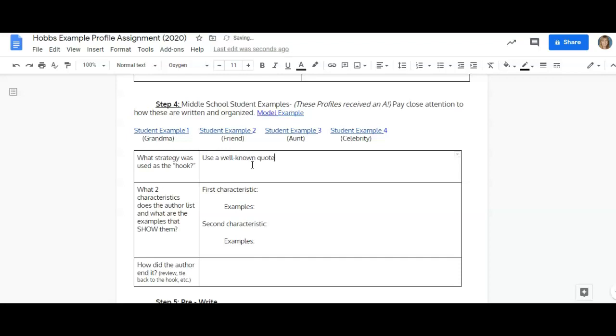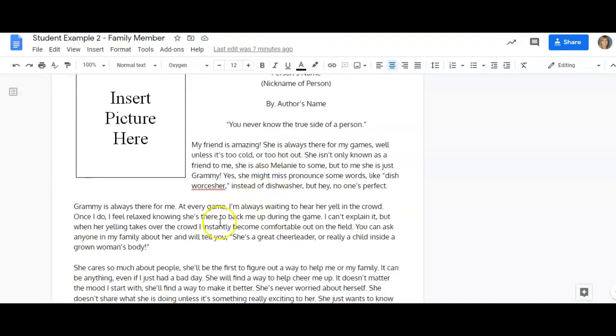Okay, so now I've got to figure out what characteristics this author highlights. Grammy is always there for me. At every game, I'm always waiting to hear her yell in the crowd. Once I do, I feel relaxed knowing she's there to back me up during the game. I can't explain it, but when her yelling takes over the crowd, I instantly become comfortable out on the field.